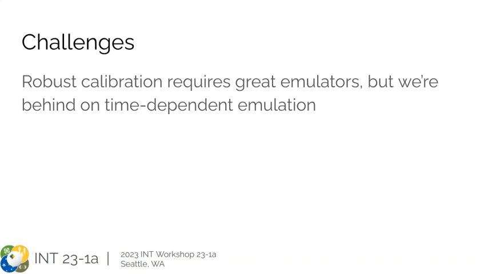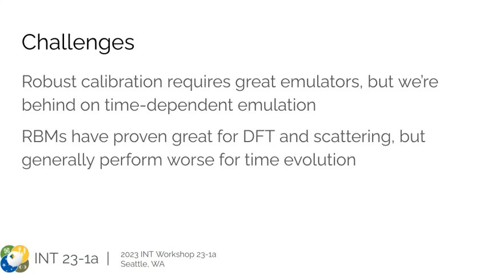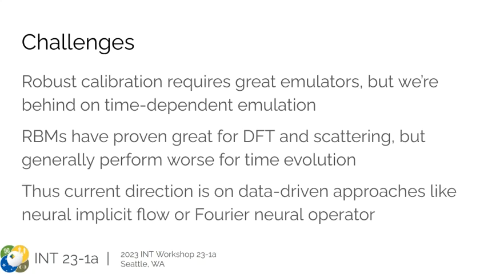Don't get me wrong, you can use them, but for looking at the translation of this density or this many-body wave function in space, RBMs don't work great for that. So it's likely that we're going to have to do things that are a little more exotic. What does RBM stand for? Reduced basis method.